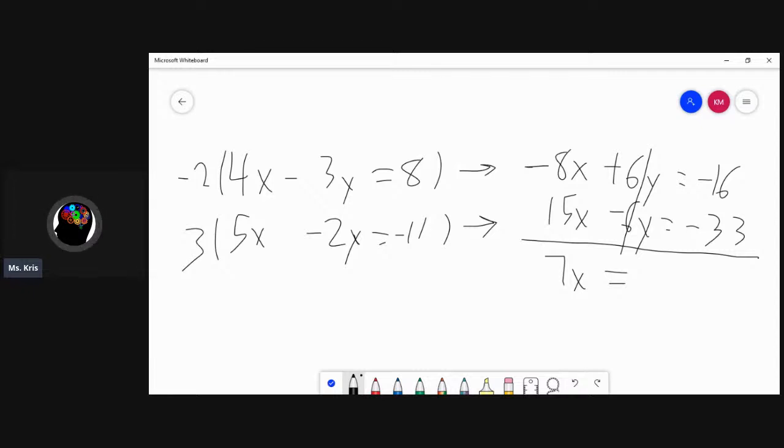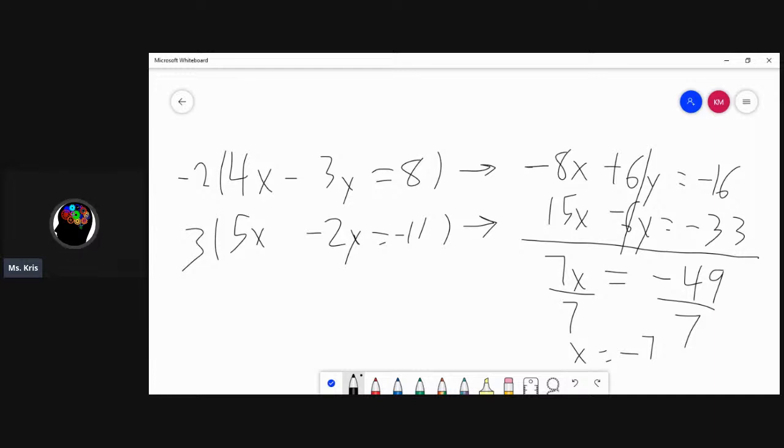Now, because both of them are negative, I'm going to add them and keep my sign. Therefore, 33 plus 16 is 49. Since it's negative, it's a negative 49. So then I divide by 7 on both sides, and my x equals a negative 7.